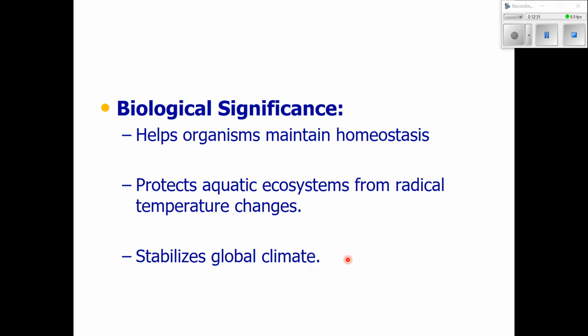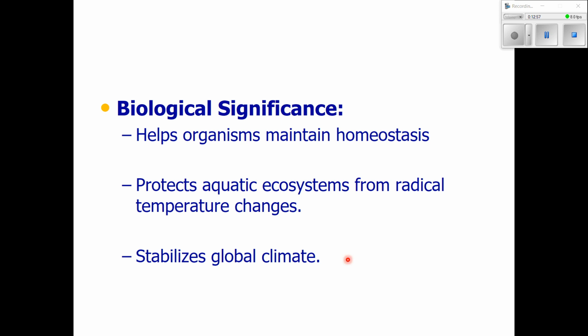If you were to go to a planet like Mars, which is approximately the same distance from the sun as the Earth, it's a little bit further away from the sun, but not much. But it has no water. There's no liquid water on Mars. The daytime temperature on Mars is like 400 degrees hotter than the nighttime temperature.